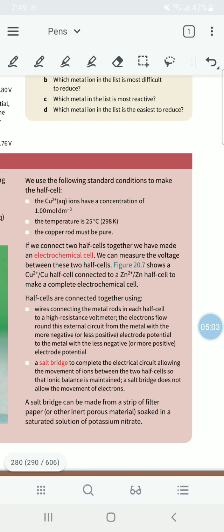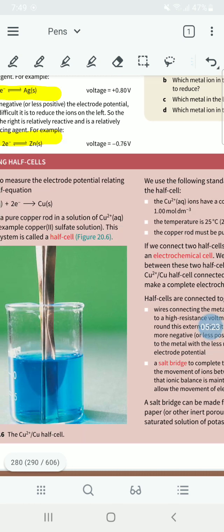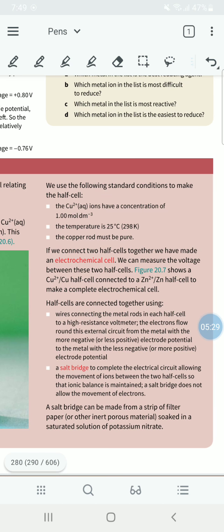If we connect two half cells together, we have made an electrochemical cell. So obviously you cannot connect another similar half cell, because then the values wouldn't be different. So there wouldn't be any voltage being generated. If you are connecting copper metal and copper solution with another copper metal under the same conditions, then there wouldn't be any voltage generated.